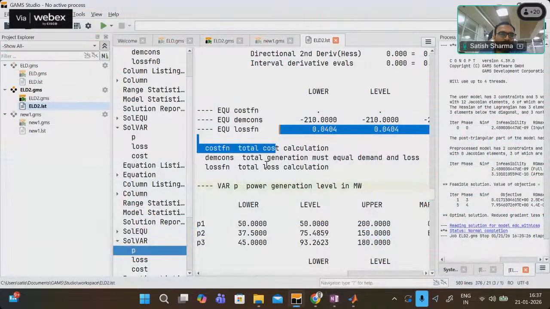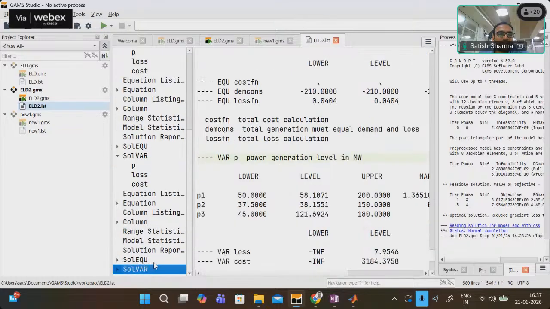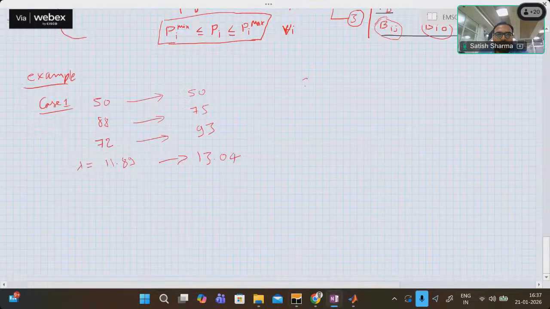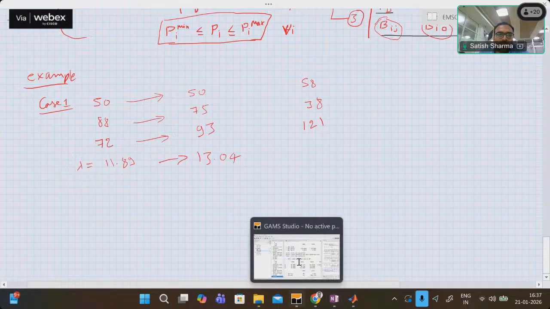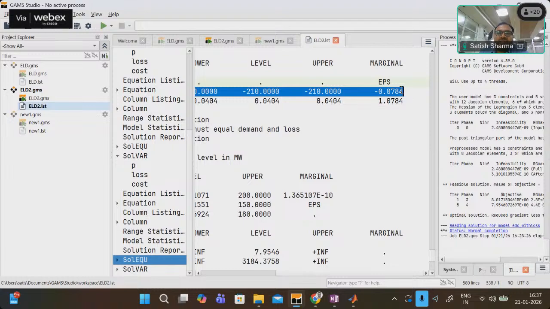Let me just put down the third objective as well. When we considered only losses, what will happen? If I see only losses, then it is 58, 38, 121. Let me put this 58, 38, 121, and let me see the lambda as well. It has no significance, it is hardly like 0.07.